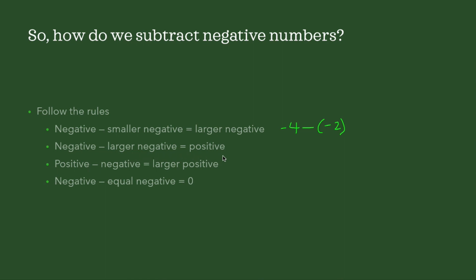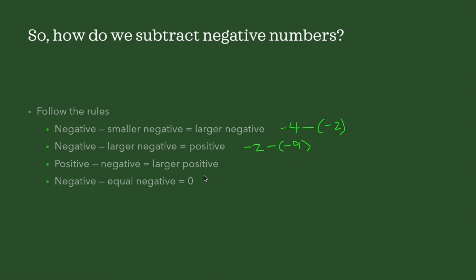An example of this would be negative 2 minus negative 9. Now, technically this negative is a smaller negative than negative 2, but if you ignore the negative signs, and that's what I'm going off on, then 9 is greater than 2, so this is going to equal a positive number.